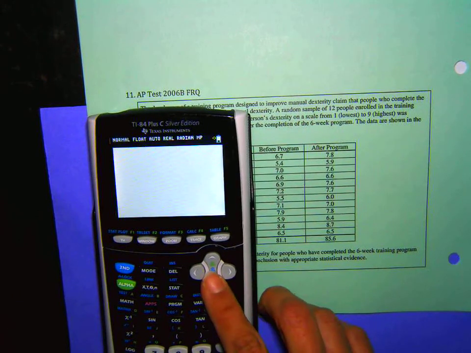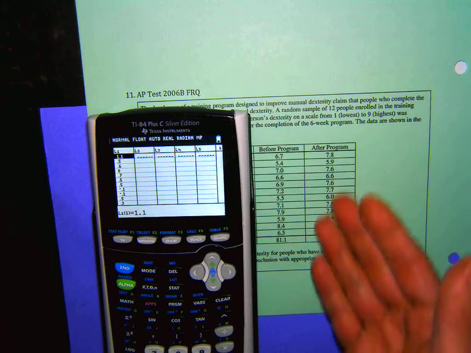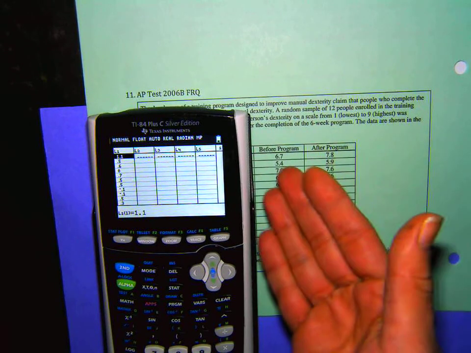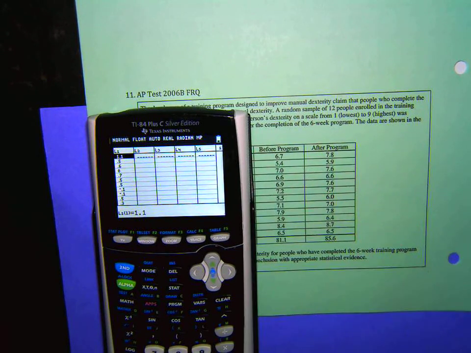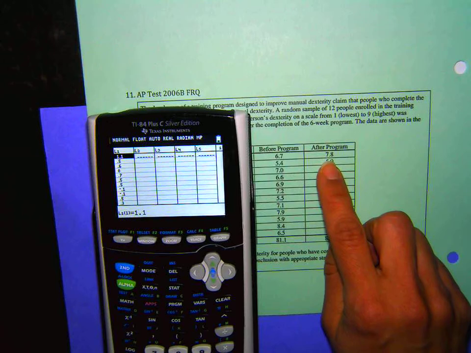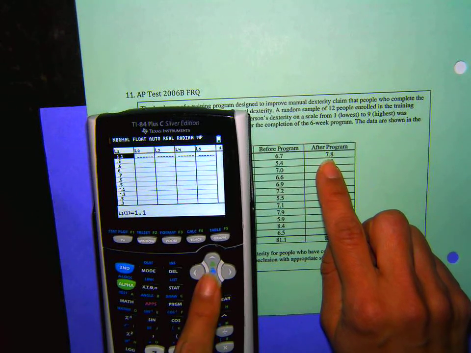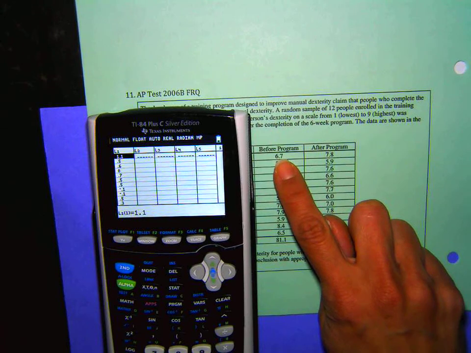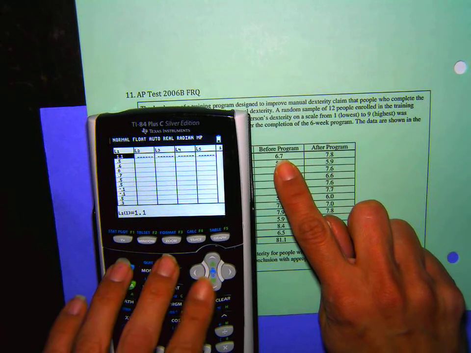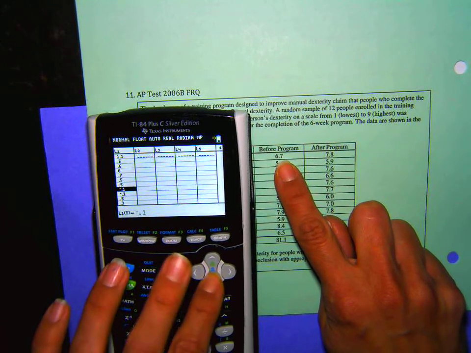I'm going to focus on positive values. If they improved their score, then they will have a positive value. So in my list one, I did 7.8 minus 6.7, and I pressed enter. And then I did that for every single value in this sample. And now I'm going to have that information in my calculator too.